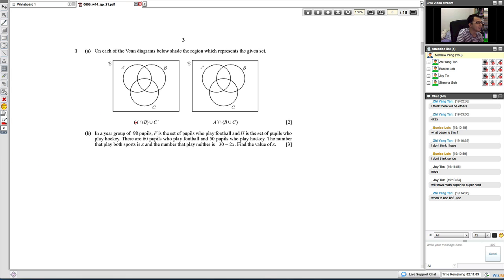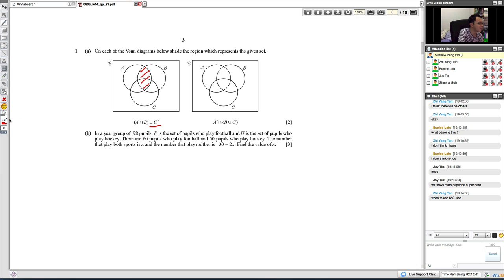So A intersect B is everything here. Just imagine you have everything here, and this is A intersect B. But when A intersect B is unioned with C complement, what does that mean? When I say union, you must include everything of C complement.